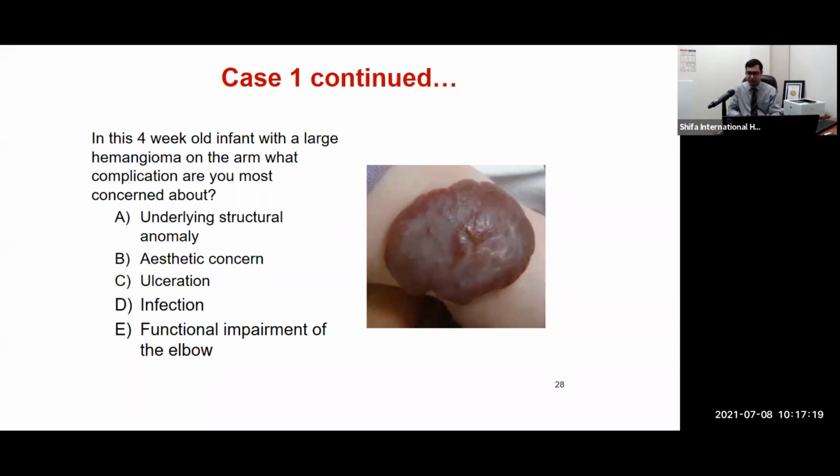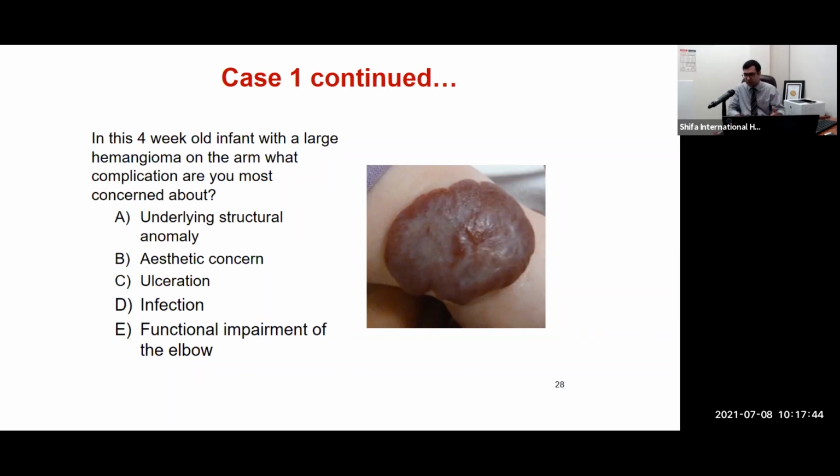This is an erythematous vascular lesion, regardless of whether it's a hemangioma or not. But if you see the center of the lesion, it is paler as compared to the outside. Either the blood supply is getting compromised, or the lesion is outgrowing its blood supply, or it is an involution.